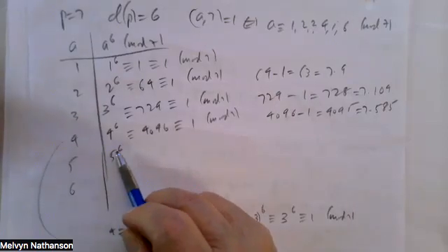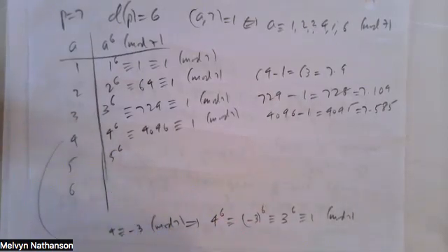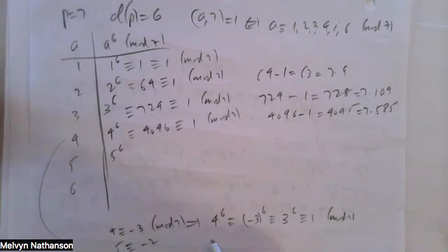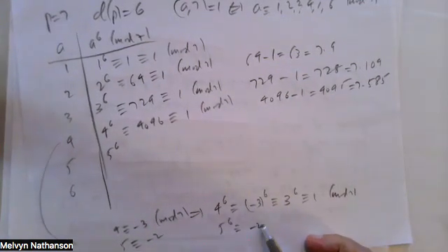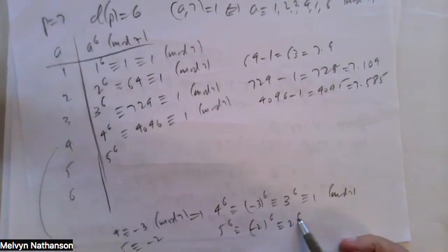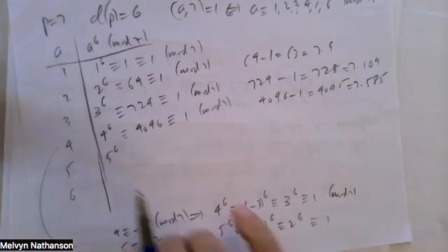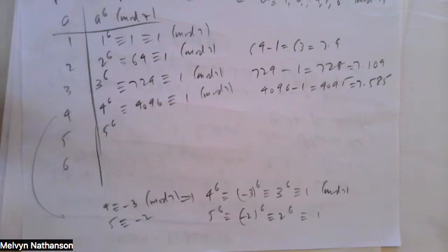What about 5 to the 6th? Again, you can say that 5 is congruent to minus 2 mod 7. So 5 to the 6th is congruent to minus 2 to the 6th, is congruent to 2 to the 6th. We already know that's 1. Let's just actually do it the hard way.